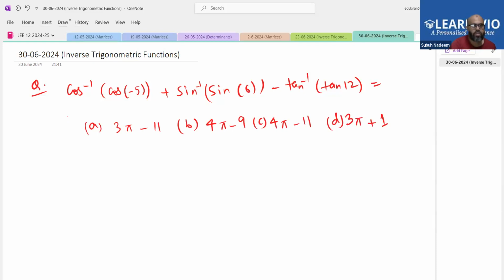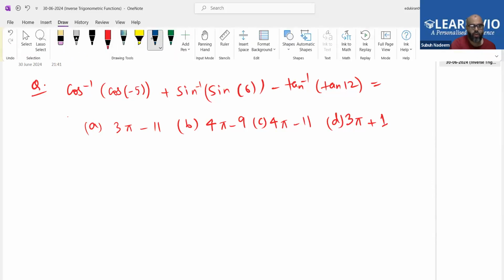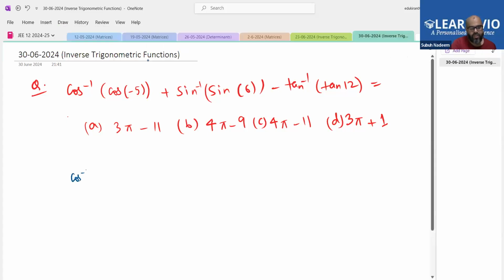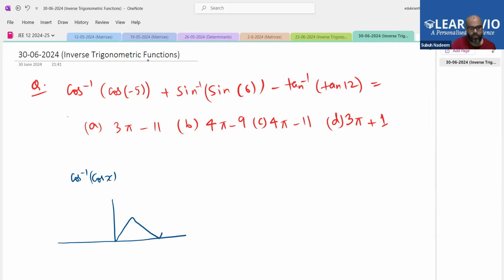Now, I will also tell you what the graphs of these functions are. As a reminder, if you have not done it in CBSE class, the cos inverse cos x graph is like this. And what are these values?